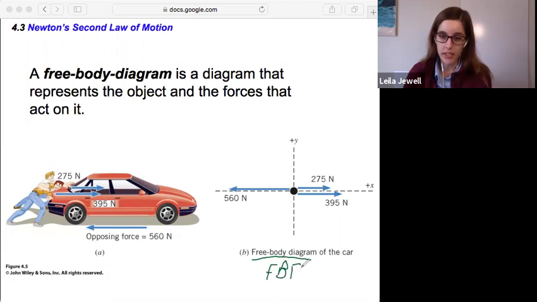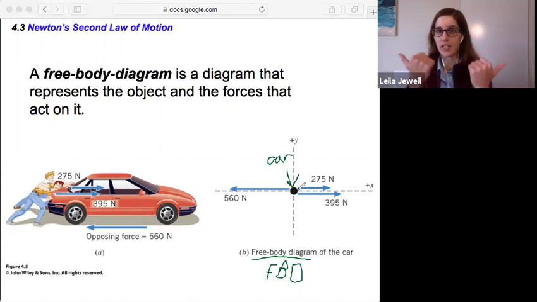For the free body diagram, we simplify our car down to a single point, since the car is the object of interest. And then we draw all the forces that are acting on the car as vectors, as arrows, with the tails connected to the dot. So even though these two people are pushing on the car, we draw the vectors to the right as though it looks like almost they're pulling on the car, because that allows us to see all of the forces and which ways they're trying to go.